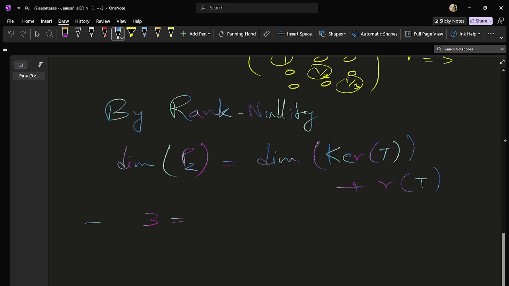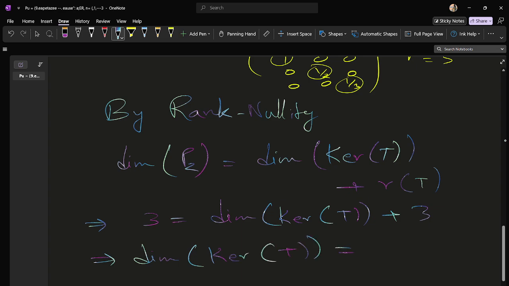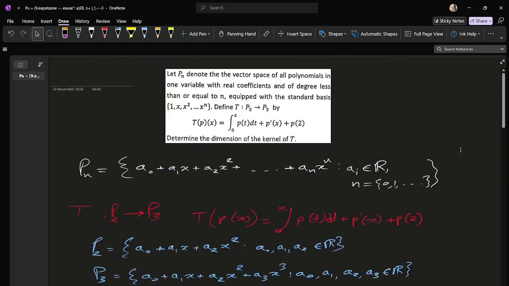As the basis elements are 1, x and x square, the dimension of P2 is 3. So we have the dimension of kernel of T plus the rank, which we got as 3. So the dimension of kernel of T, that means the nullity of T, is equal to 0. This is the required answer for the question.